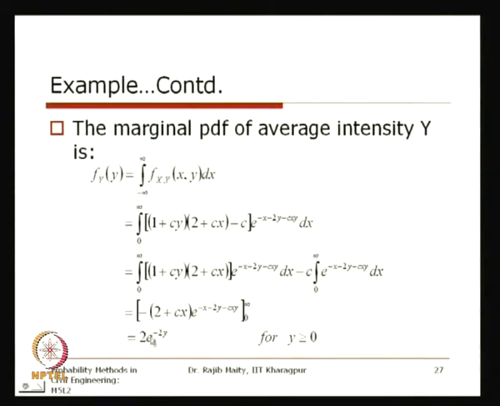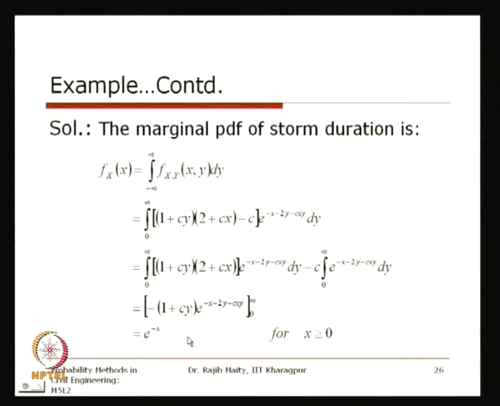For example, for 2e^(-2y), you know that this is an exponential distribution, and its CDF will be 1 minus e^(-2y), which we just stated at the beginning of this class for that problem. And this is also another exponential distribution, whose CDF will be 1 minus e^(-x) for this range.